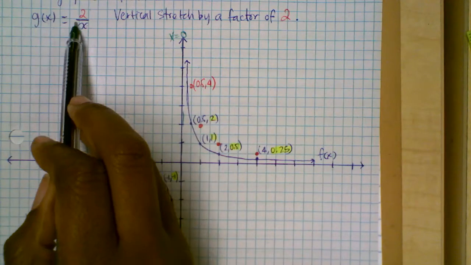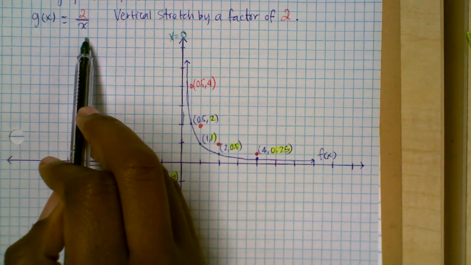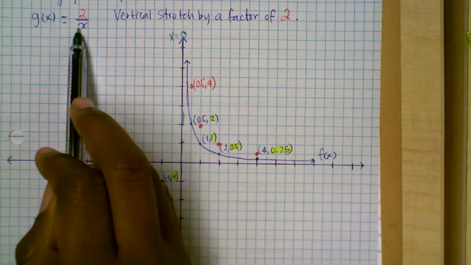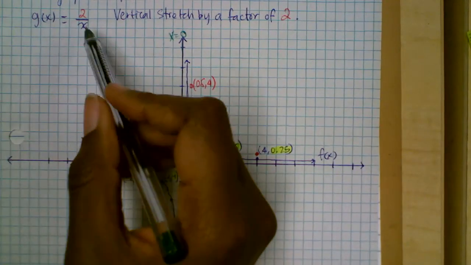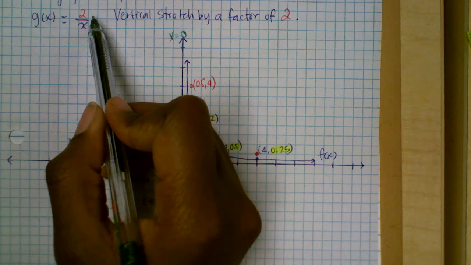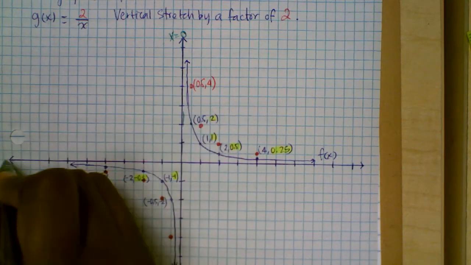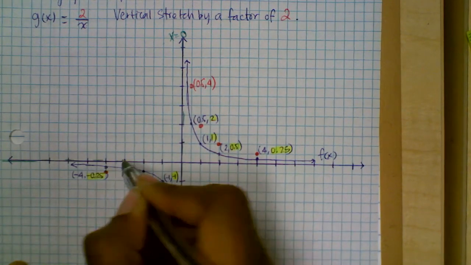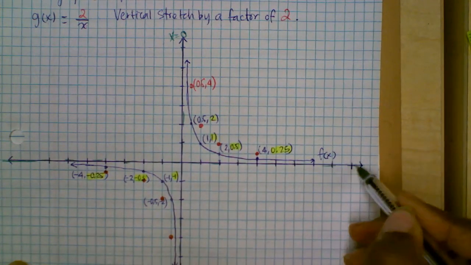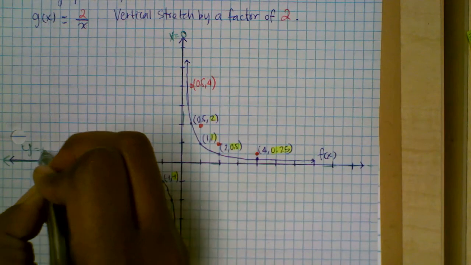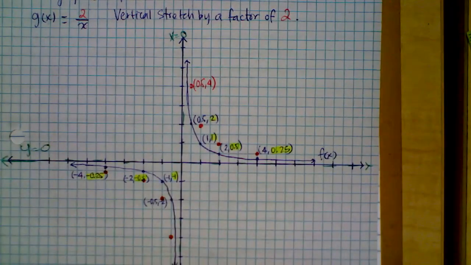You take the denominator, set it equal to 0, and solve for x. So x equals 0. And for the horizontal asymptote, there's no number added to the fraction 2 over x, so it stays 0. It's the line that cuts the y-axis at 0. So the horizontal asymptote here is y equals 0, the same as the parent function.